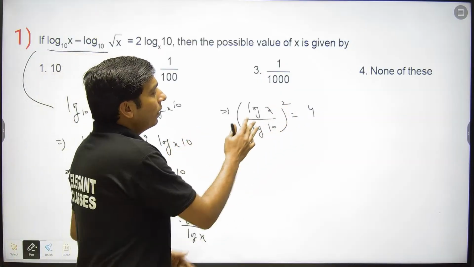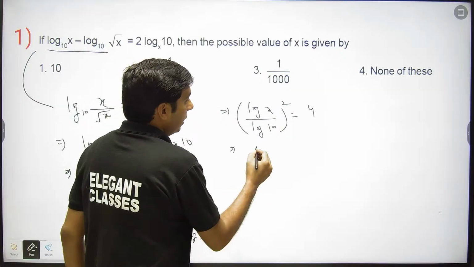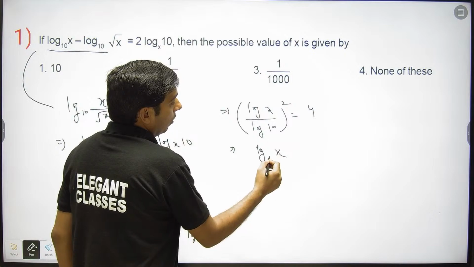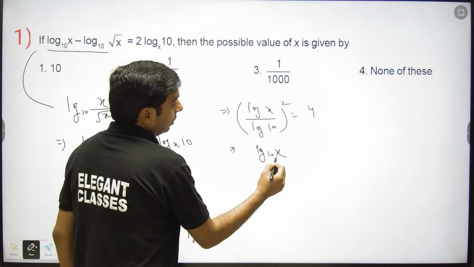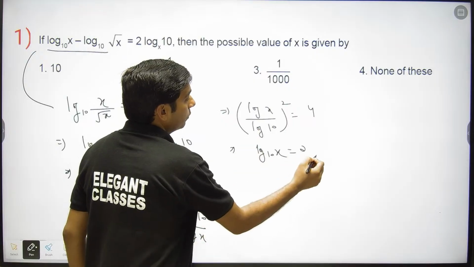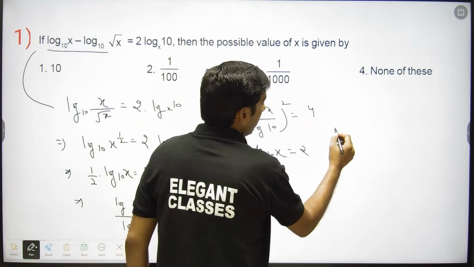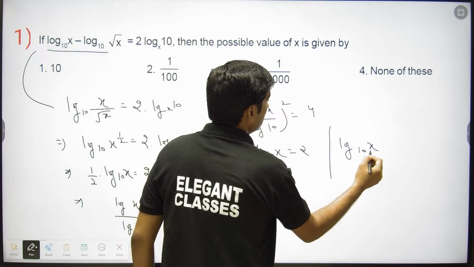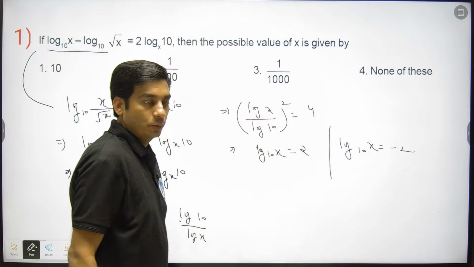Now if I take square root on both the sides, I will get log x upon log 10, we will write in this format only, is equal to 2, or I will get log x is equal to minus 2.